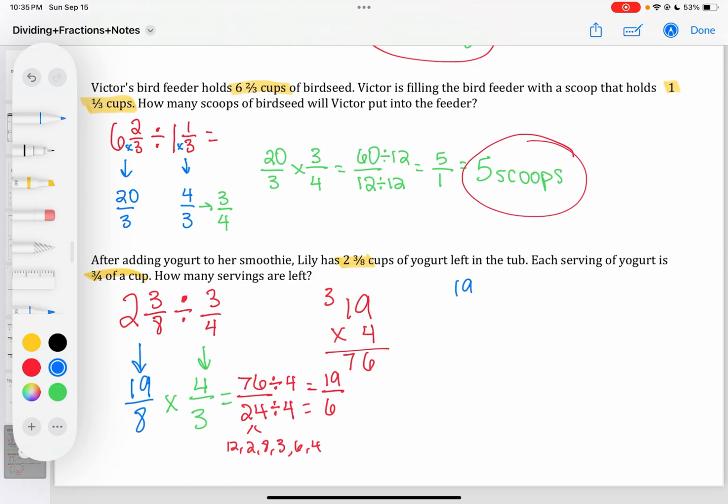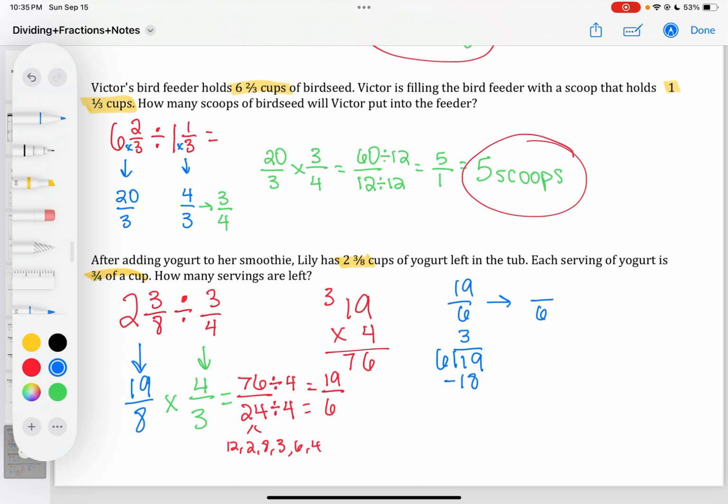So if I have 19/6, my first step is I'm going to keep my denominator the same, and then I'm going to divide how I would normally. 6 goes into 19 3 times, as 6 times 3 is 18.